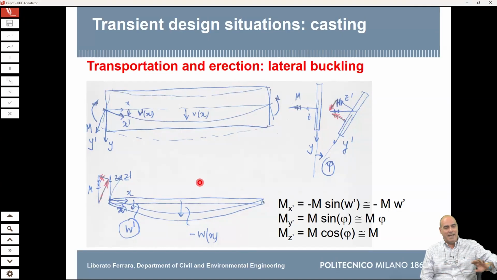That is at the basis of any structural mechanics theory. We assume that there is a structural element under certain loads, and that element deforms. But we assume that the deformations, first of all, are small. What does it mean, small? It means that compared to the dimensions of the element, they are one or several orders of magnitude lower.